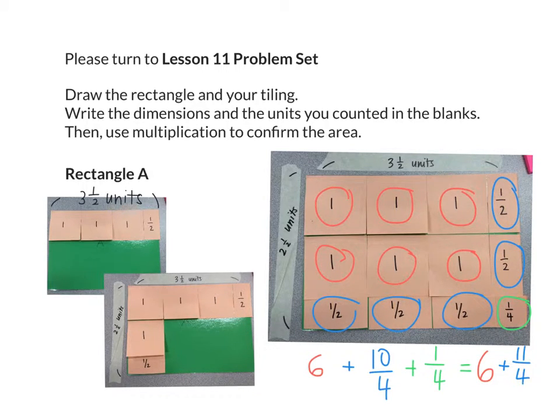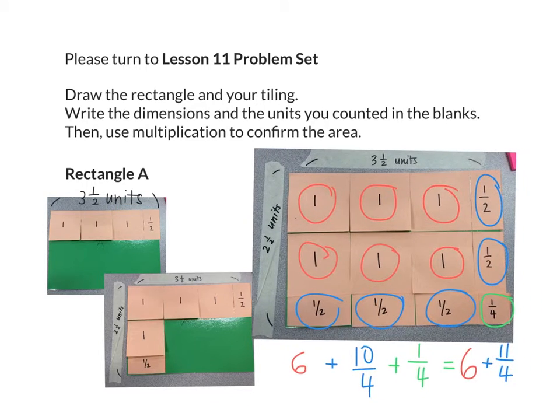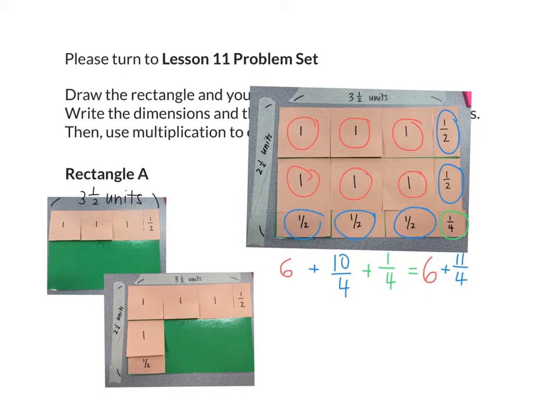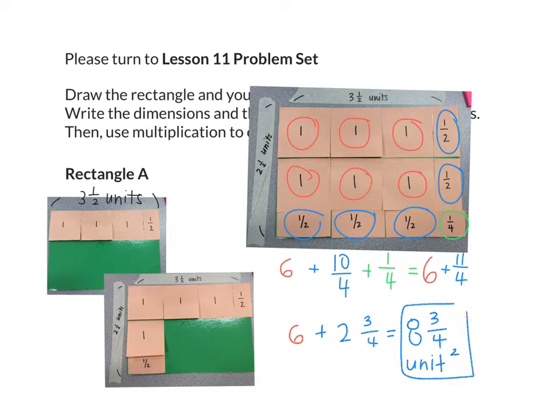Is 11 fourths an improper fraction? Yes. How many wholes are there in 11 fourths? 2. So this is 2 and 3/4. So this is 6 plus 2 and 3/4, which is 8 and 3/4. What would our units be? Units. What kind of units? Square units. Very good. Go ahead and write that down.